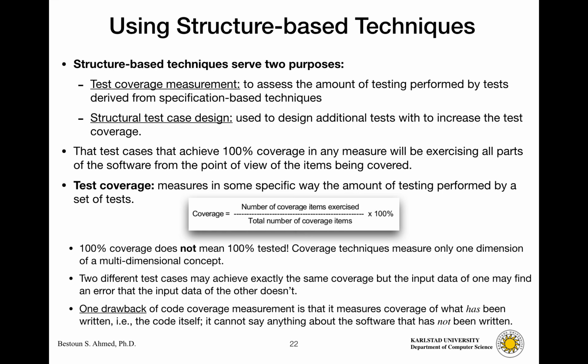So here, when you have the structure, the code, we can use this for two purposes, basically. Sometimes we use this kind of test technique to see whether we are covering a good amount of the code or not, or many lines of the code or not.